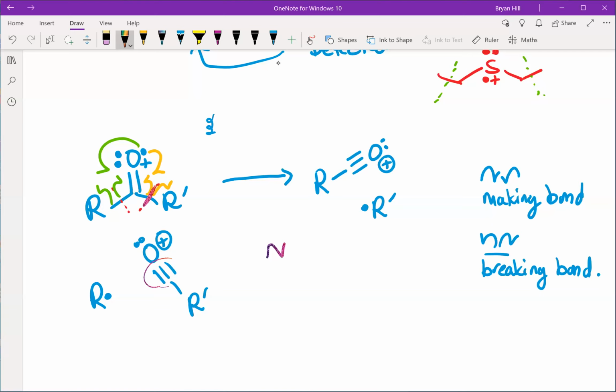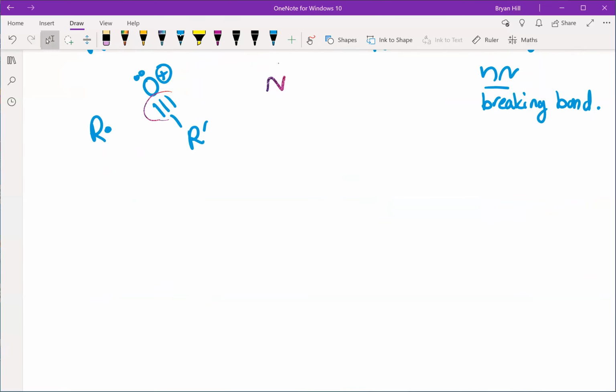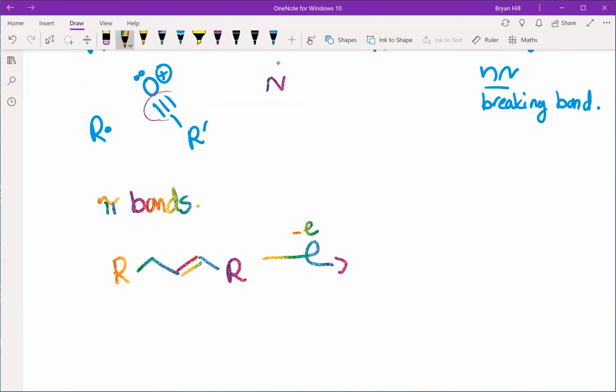So that's one way of doing it. Actually, this can also apply to pi bonds. So if we've got this and it gets ionized, we are going to lose an electron.